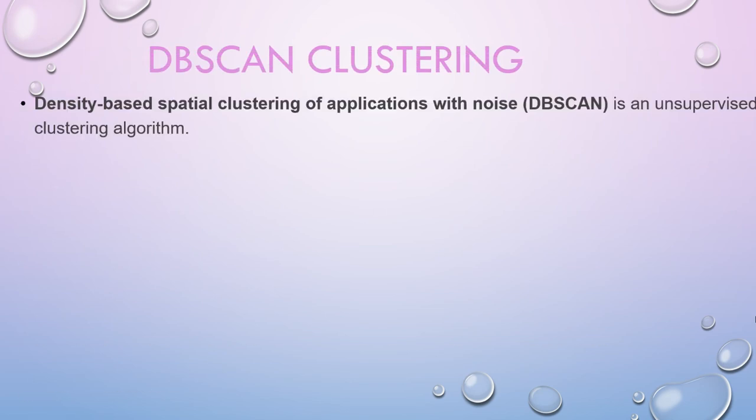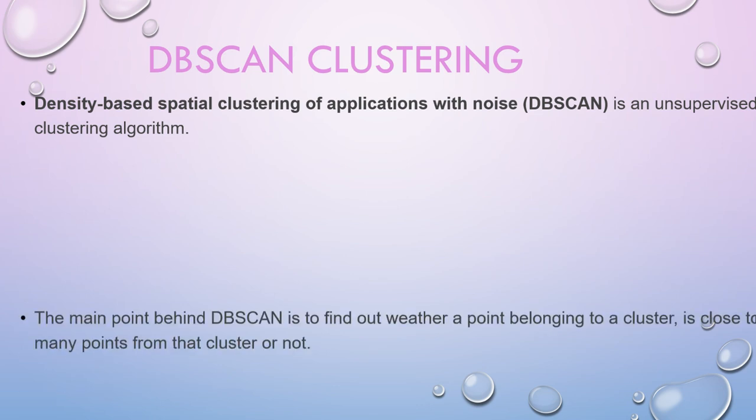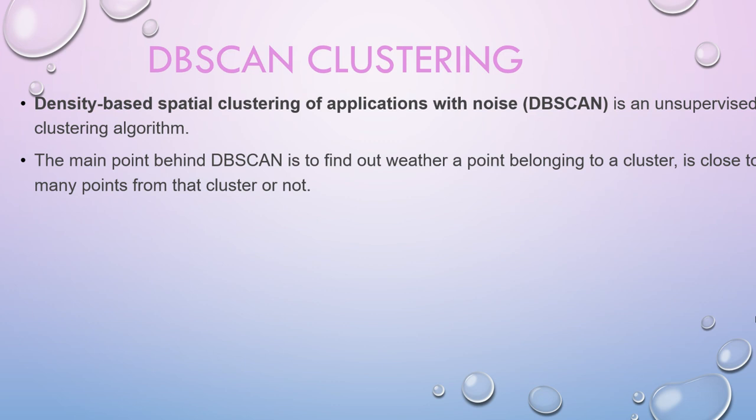Density-based spatial clustering of applications with noise, DBSCAN, is an unsupervised clustering algorithm. The main idea behind DBSCAN is to find out whether a point belonging to a cluster is close to many points from that cluster or not.